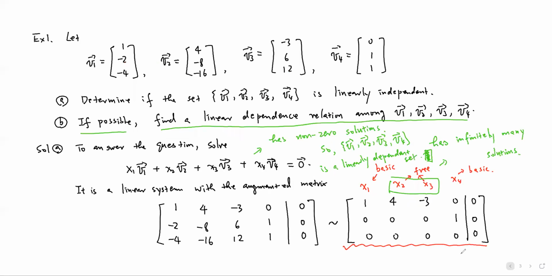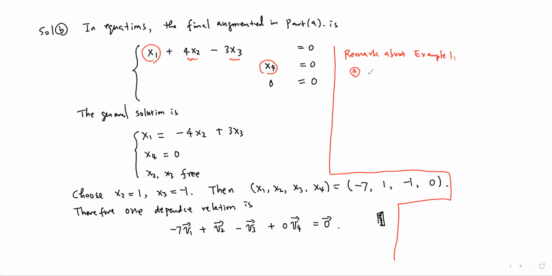From part A, the solution to part A is: these vectors are linearly dependent, not independent. Okay.